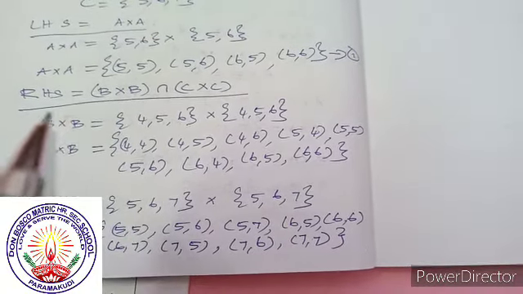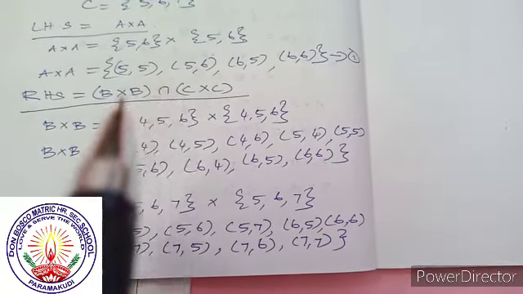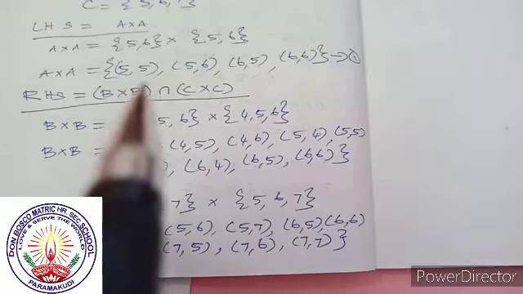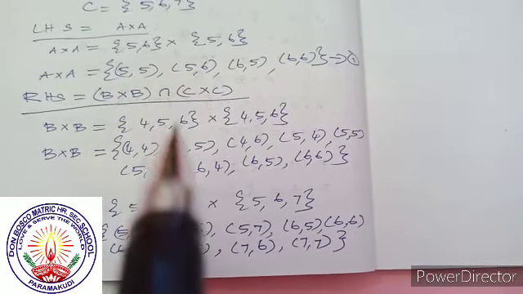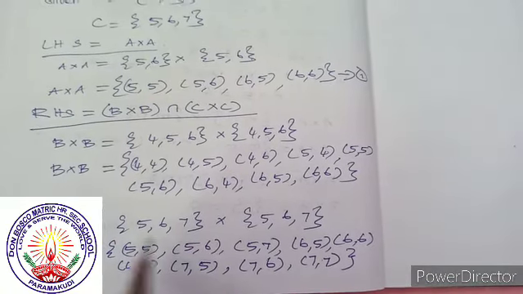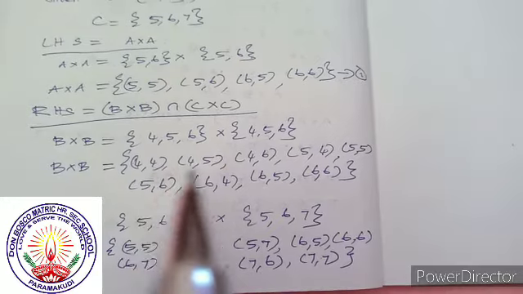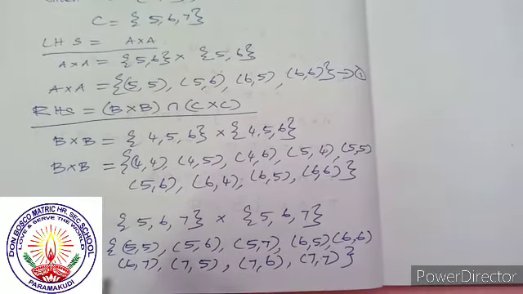Next, our right hand side is to take the intersection of the two sets. What is intersection? We have to find the common elements. So what are the common elements in B cross B and C cross C? See, in C cross C there is no element starting with 4.